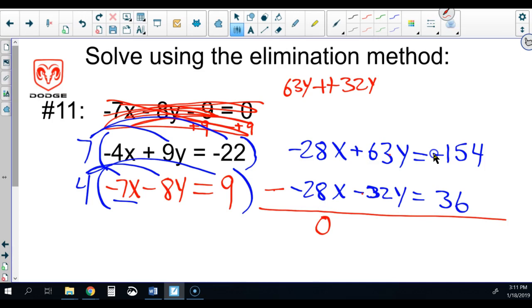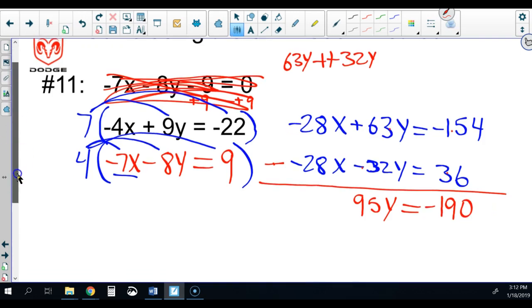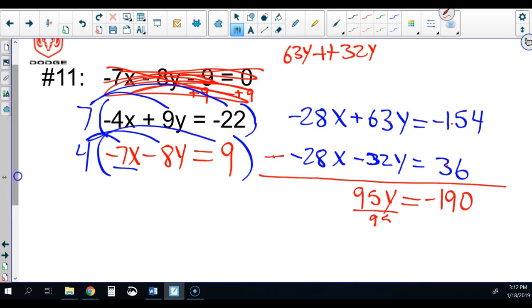So that's a 95y equals negative 154 minus 36, which is negative 190. So 95y equals negative 190, which means divide by 95, y equals negative 2. That's the first half of my answer.